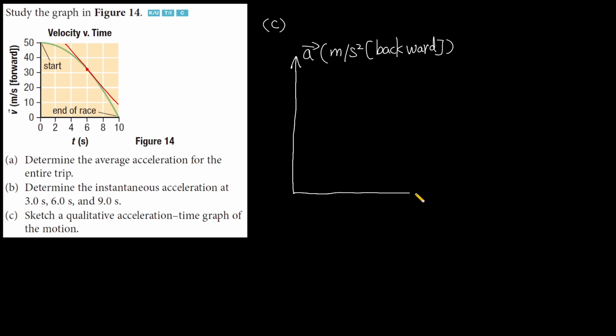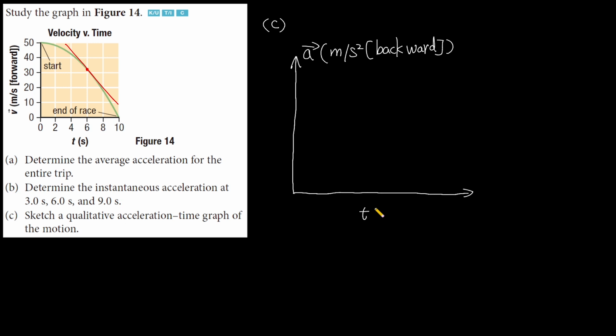Now, question C. Sketch a qualitative acceleration time graph of the motion. So here, the vertical axis is the acceleration, and its unit is meter per second square, backward. And the horizontal axis is the time.